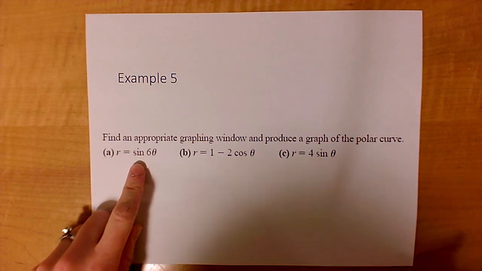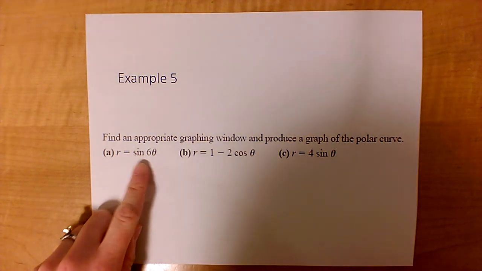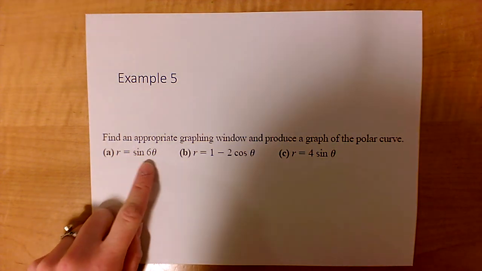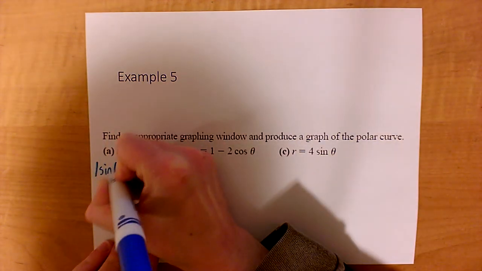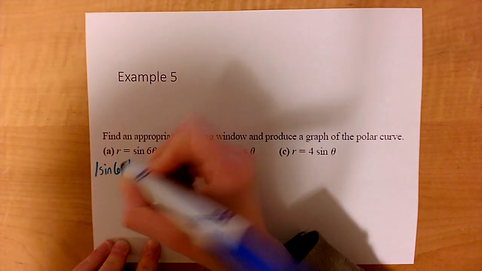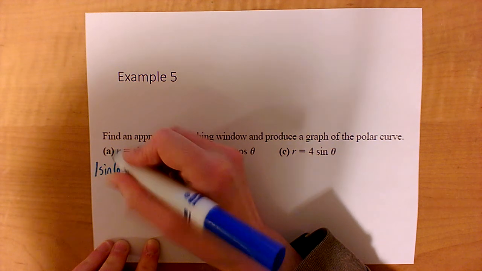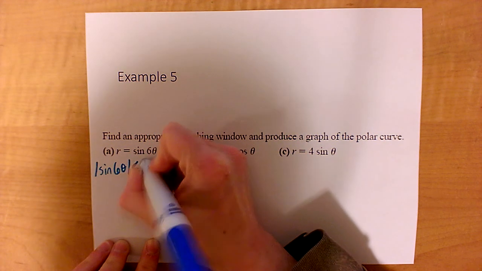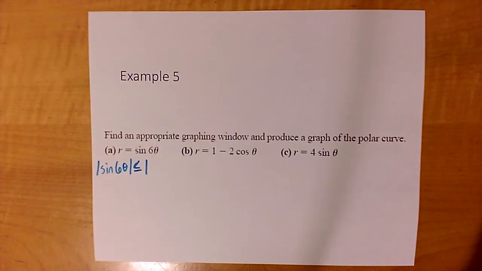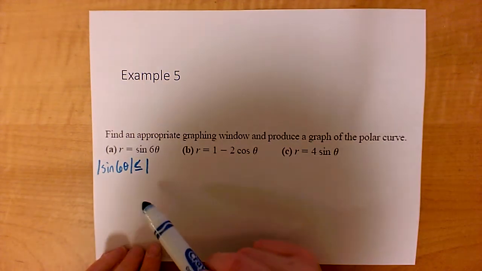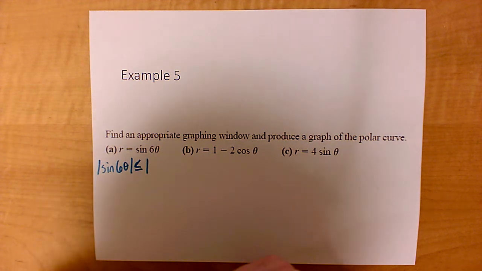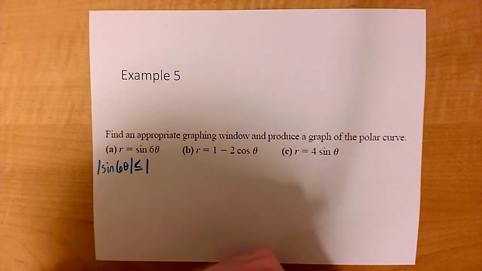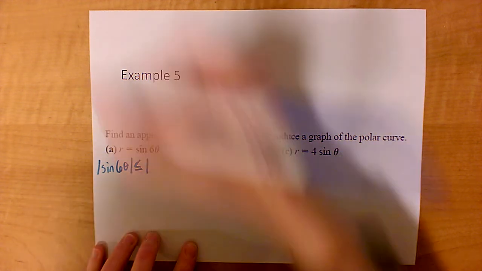So if we wanted to graph sine of 6 theta, you have to think to yourself, the absolute value of sine of 6 theta is always going to be between 0 and 1. Okay, so we want our graphing window to be at least from -1 to 1 on one dimension and -1 to 1 on the other dimension.